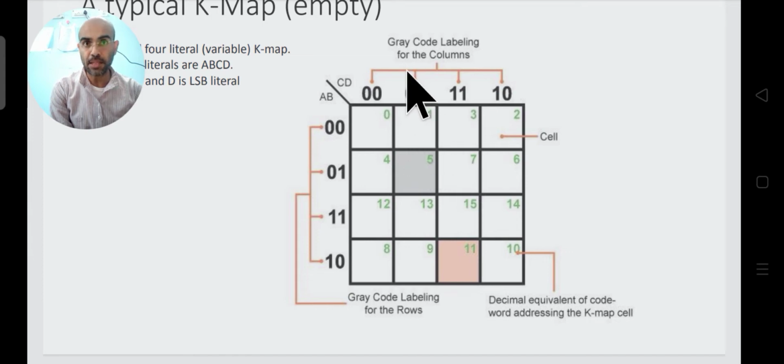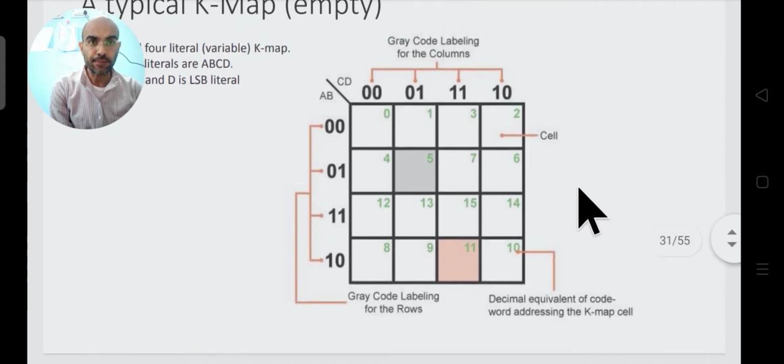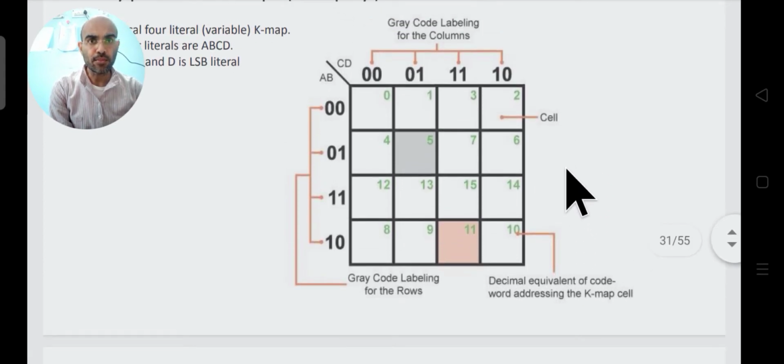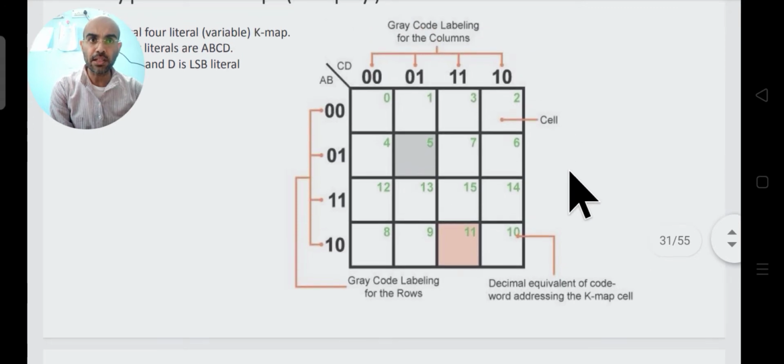So whatever subscript the min term has, we will fill it in here. So this was about min terms. Similarly, when the max term comes, we will fill the K-map with zeros. The presence of a max term in the K-map is filled with 0, whereas the presence of a min term in the K-map is filled with 1.